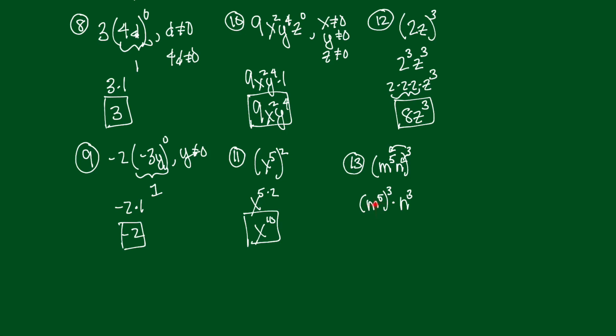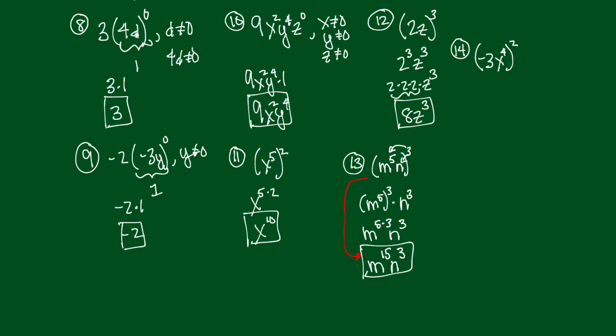I've got a power raised to a power, so I can multiply the exponent. So m to the 5 times 3, n cubed. 5 times 3 is 15. I'll get m to the 15 n cubed. And of course, you can see what's happening here. Just multiply through. I think you can go from this step directly to this step.